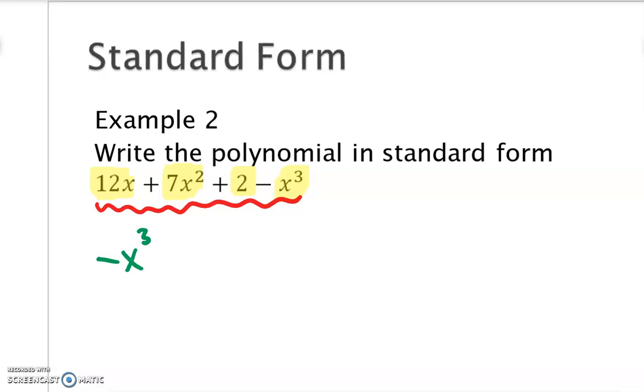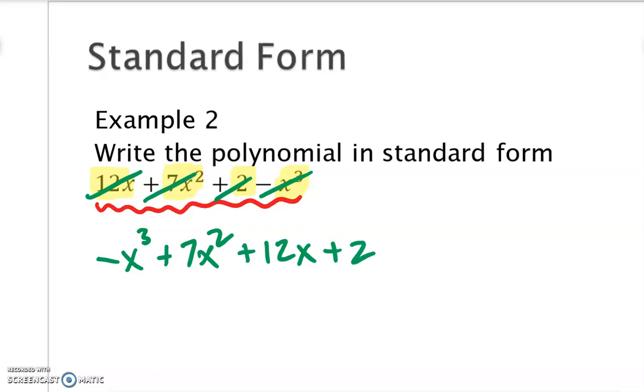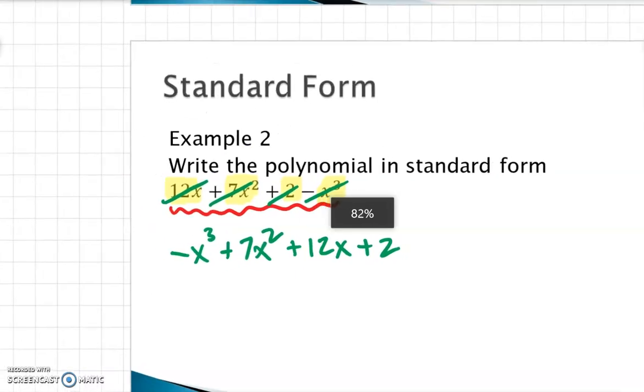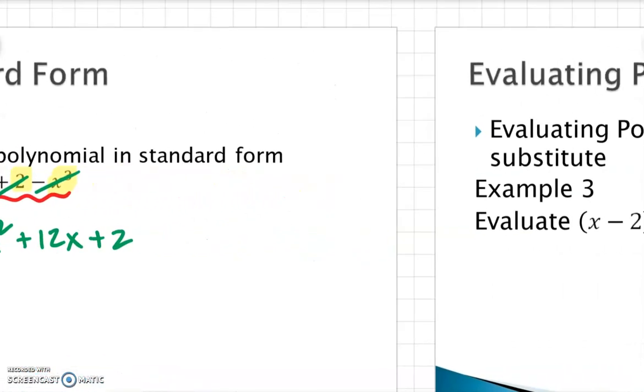Which one would have the next highest degree? Hopefully you are thinking plus 7x squared. You would be right. And of the 2 remaining, which one is the next highest degree? You should be thinking plus 12x because that's first degree. Remember, we just don't write the 1. And then the constant of plus 2 always goes last. It's as simple as that. That's how we write polynomials in standard form.